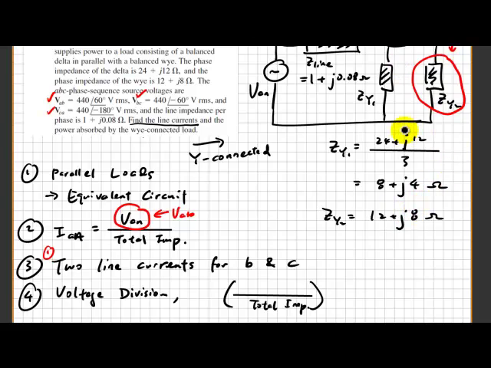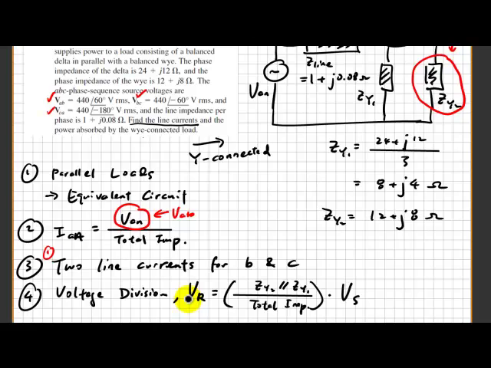Since we already know the equivalent from step A, Z_Y2 in this case will be the equivalent, so that's Z_Y1. Then multiply by the V source, and that gives you the V receiving end, right? So once you find out the line current, you find out the phase voltage at the receiving end.